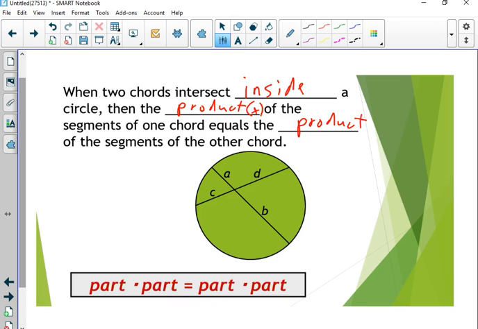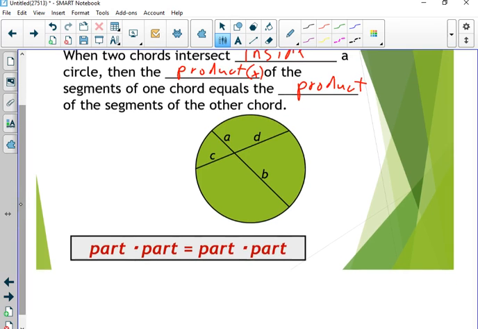So part times part equals part times part. In other words, A times B is equal to C times D. Okay? So the product of the segments of one chord. So this is the segment of this chord, CD, the segments of that chord. Therefore, you have A times B equals C times D.